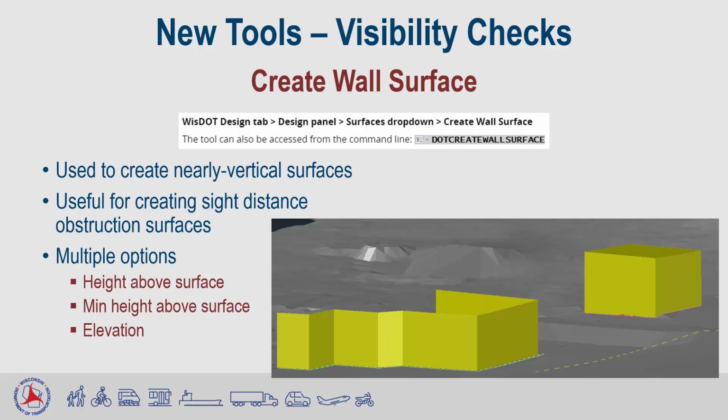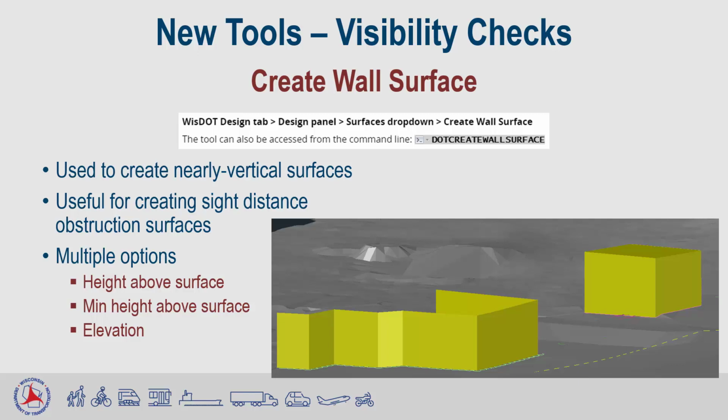The surfaces are created by selecting 3D objects such as survey figures, feature lines, or 3D polylines. You can then choose to project that object in a nearly vertical fashion, either by the height above the surface at any given point, a minimum height above the surface, or at up to a certain elevation.